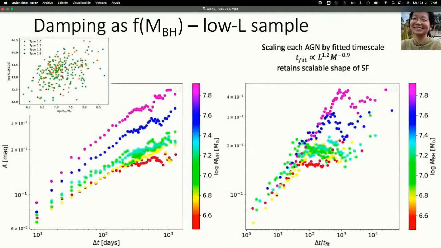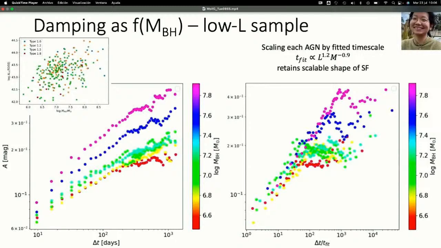Now, moving on briefly, damping timescales is something that we also looked at in the low luminosity sample, where the light curves are long enough that we hope to be able to see them. And once we've scaled each AGN's own structure function by a fitted timescale that unifies these, we actually see the flattening very clearly.